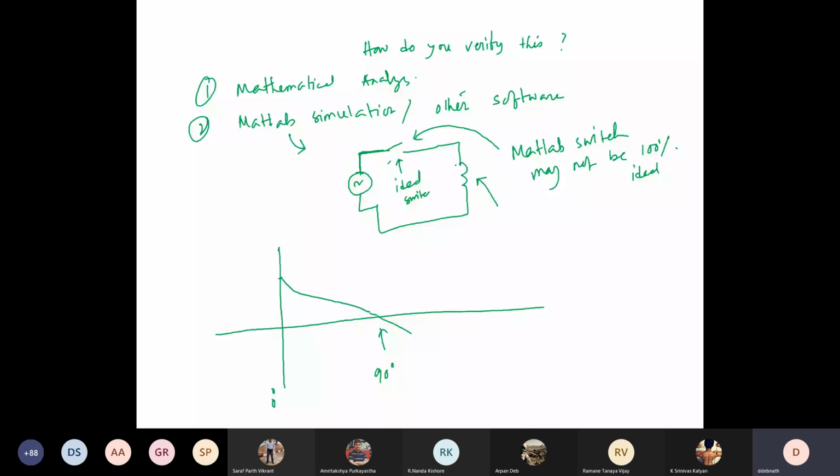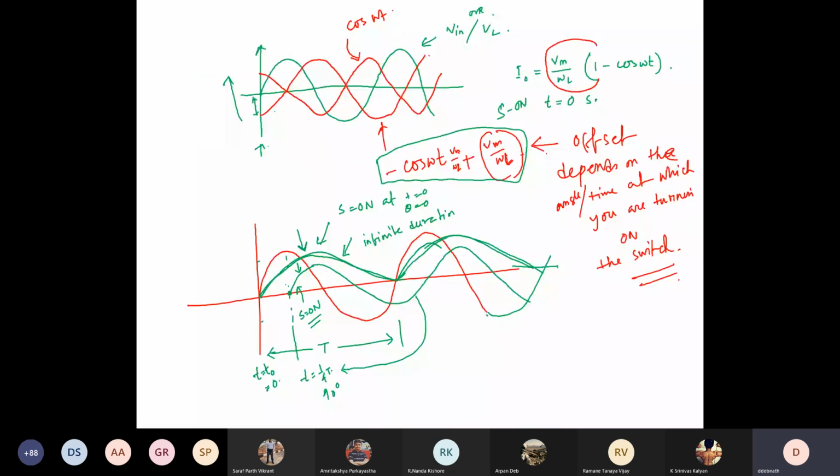Or, what I understood, most of you got this waveform, right? Can you just tell me whether you have come to this conclusion or not? All of you who differ with this. I can't hear.